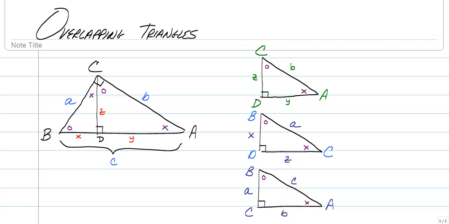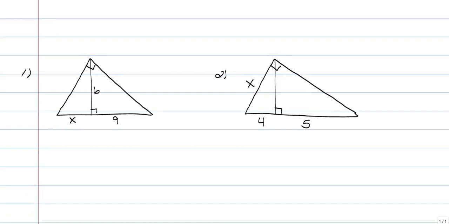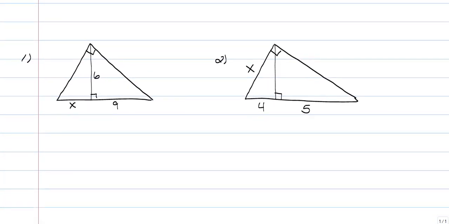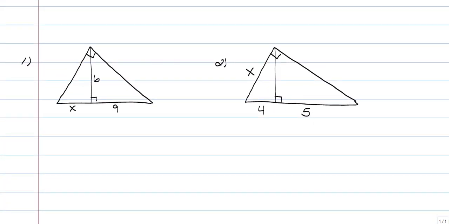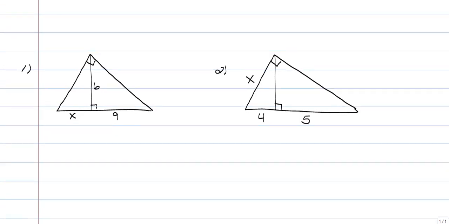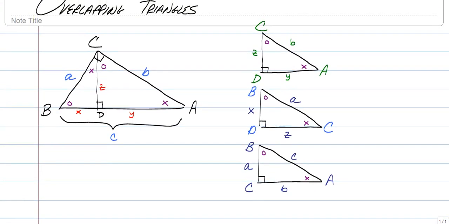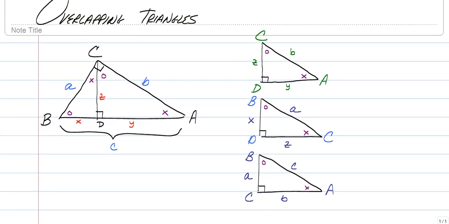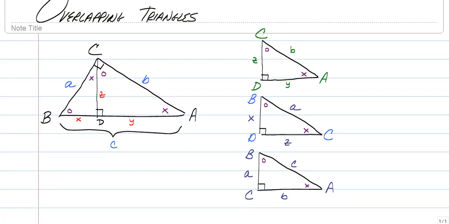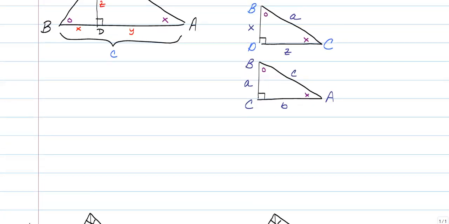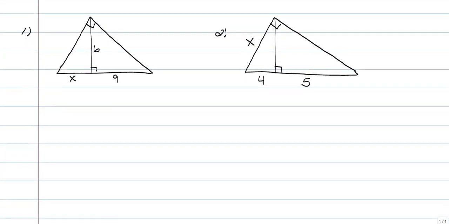Now, I spent so much time talking about that because when we get to examples that look like this, you're going to need to know how to set those up. And a very important skill to have is to be able to redraw the three triangles and put the right information where it belongs. Okay, so we're going to go down here and work with one of these examples.